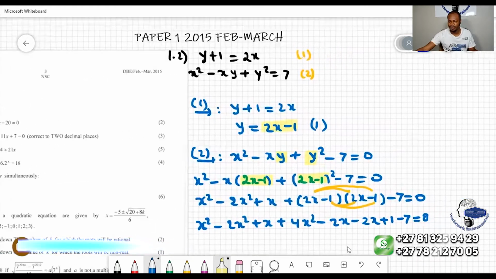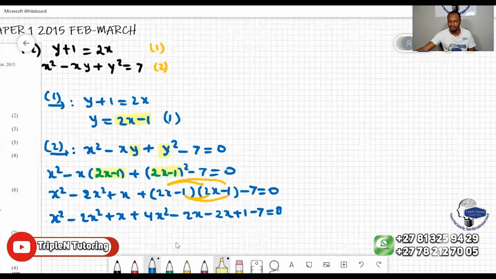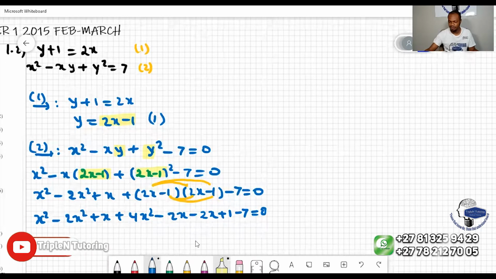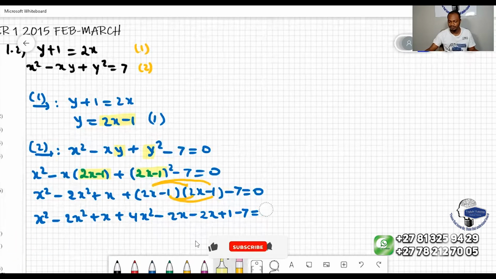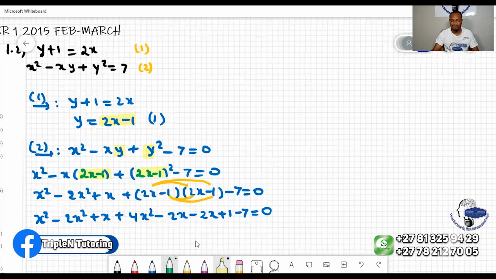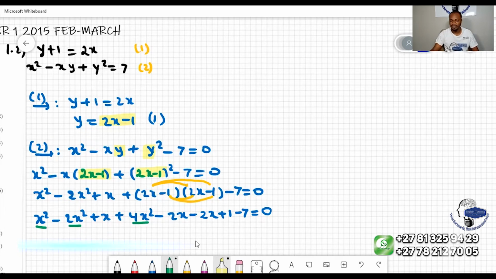Let me move this a little bit to this side. Equal to 0. Now we can see we have like terms, so we can combine them. We have x squared, negative 2x squared, and 4x squared. So x squared minus 2x squared makes negative x squared, and negative x squared plus 4x squared makes 3x squared.